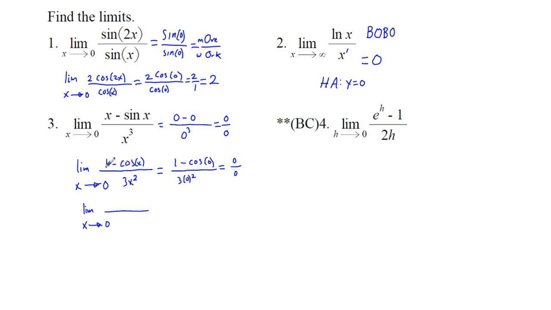The derivative of 1 is 0, and the derivative of cosine x is negative sine x, so this negative sign is canceled out by another negative sign. So we're going to have sine x over, taking the derivative of 3x squared in the denominator, 6x.